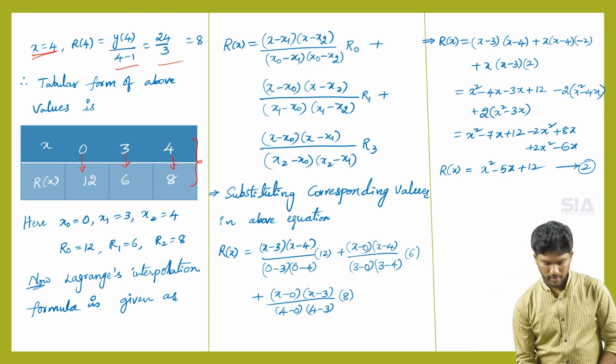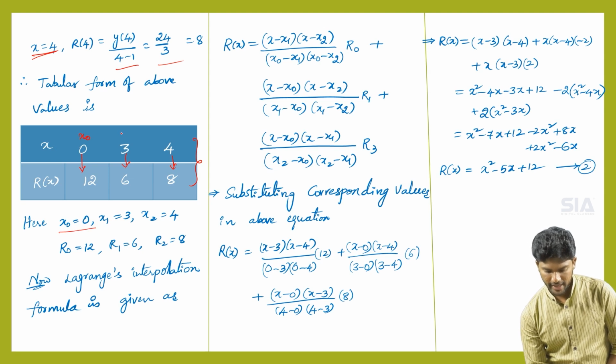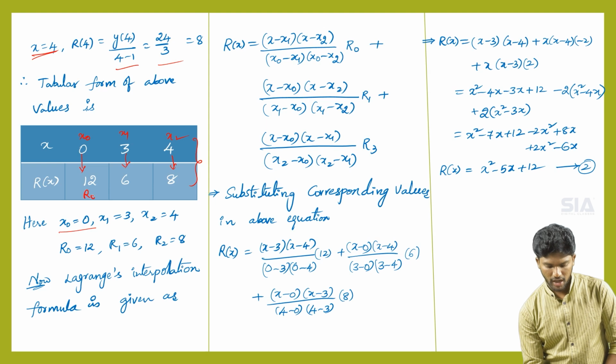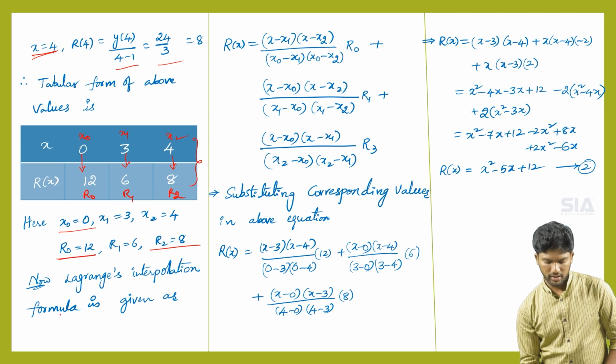After getting this table, now you can see x0 and x1 is equal to 3 and x2 is equal to 4, next to r0, r1, r2. These are the values r0, r1 and r2.